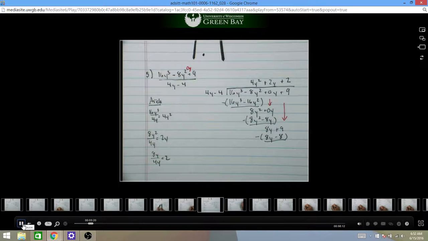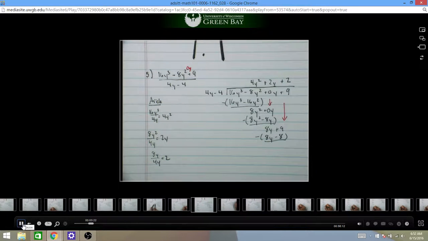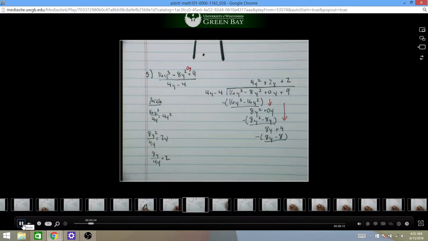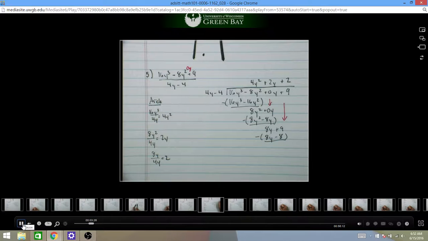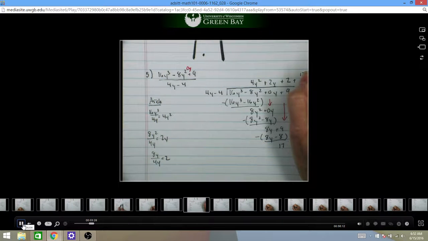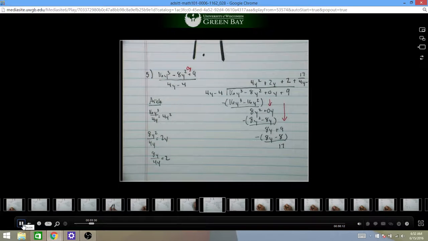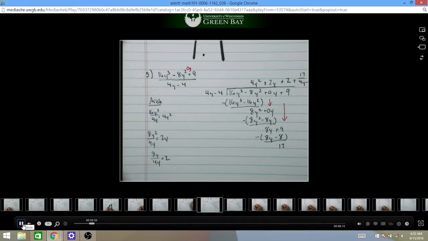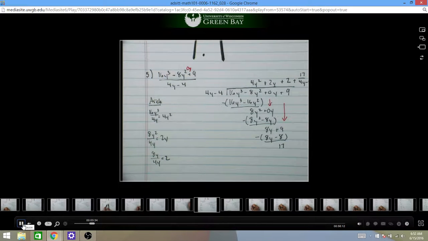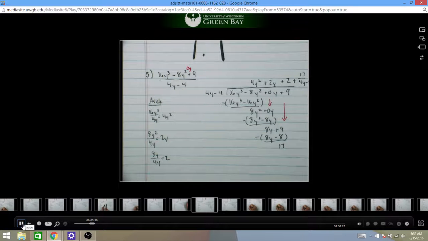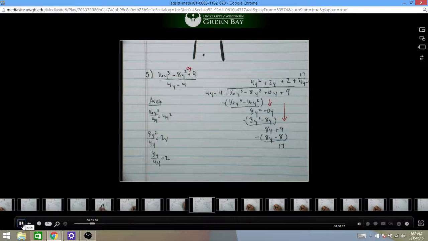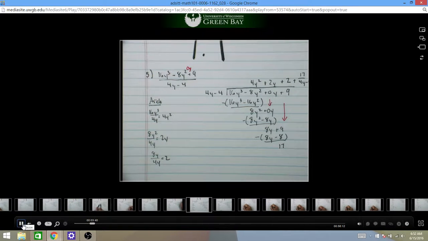And we subtract. So we get 9 plus 8, or 17. And you write your remainder as 17 divided by 4y minus 4 as part of your answer. Does anybody have any questions on any of those steps?